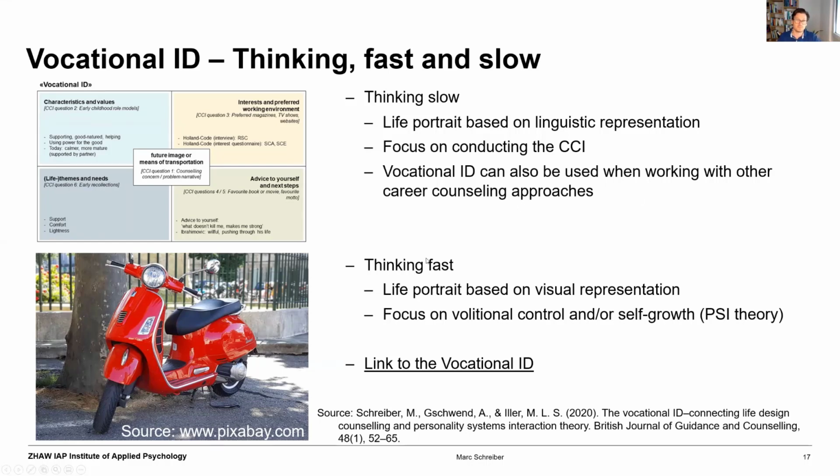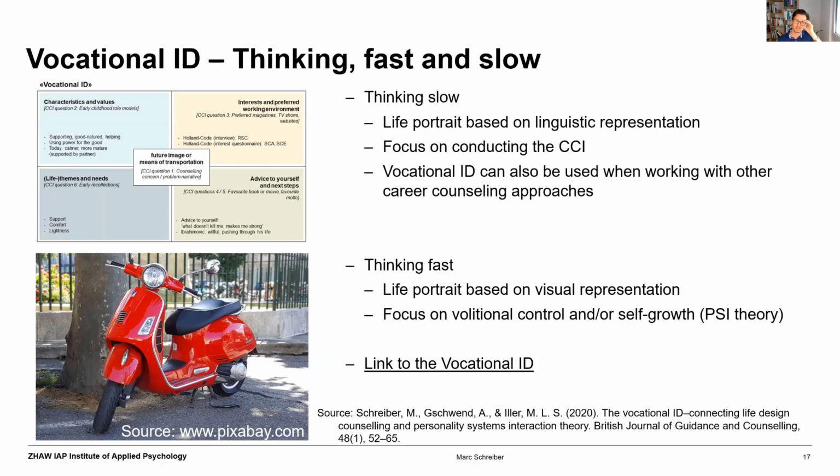Then thinking fast is also included within the vocational ID. On one hand, it's because the vocational ID itself is a visual representation, because it's a one-pager and career counseling clients can put the vocational ID on their desk, for example.